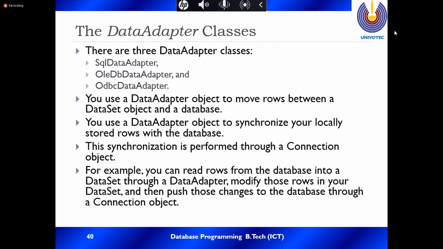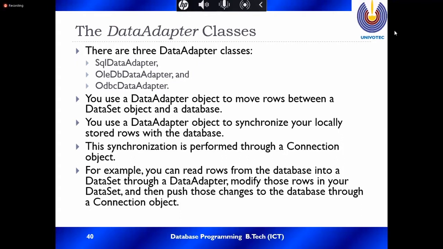Then for database programming, we need 3 objects. You want to connect to the database; the data adapter is needed for the data set. Through the data set, you want to get the data. So a minimum of 3 objects is needed.